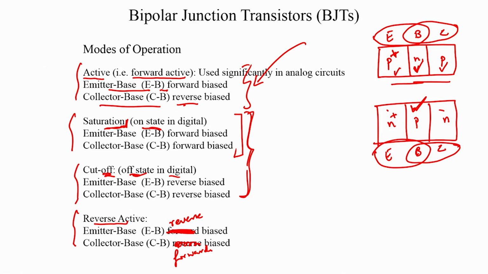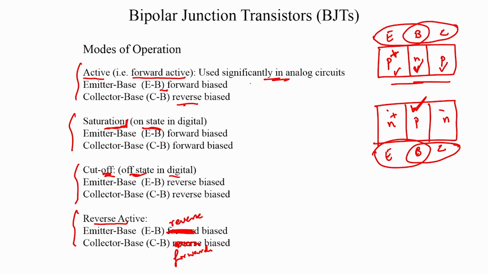But I will pay special attention to the active mode of operation, because this is something that we might use in the future towards the end of this course. All right. So these are the different modes of operation of the BJT.